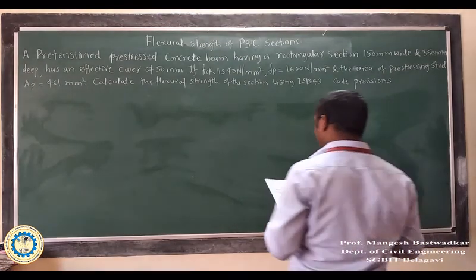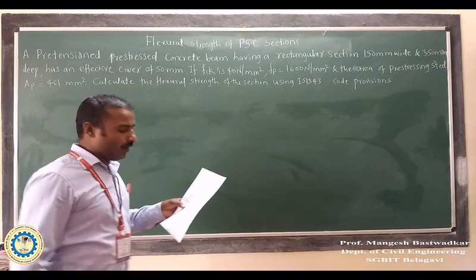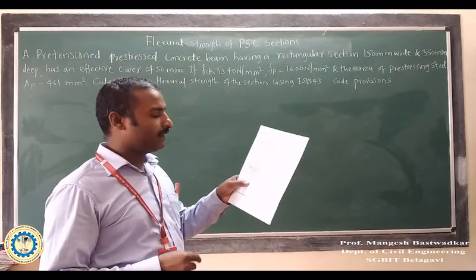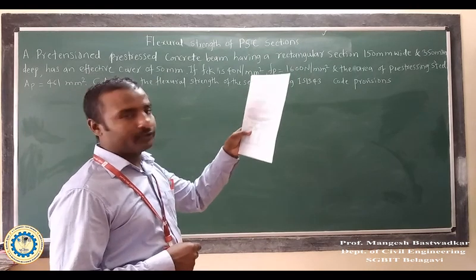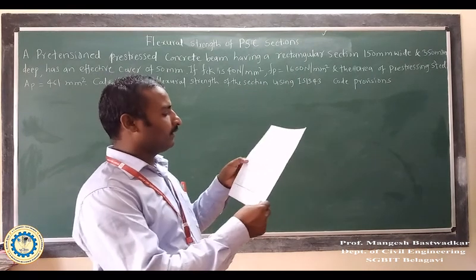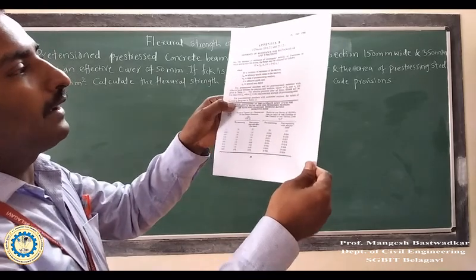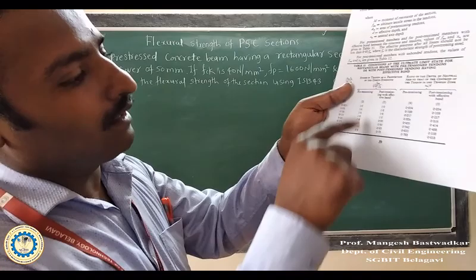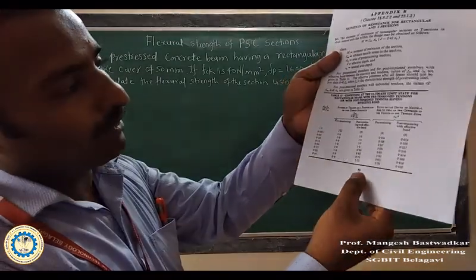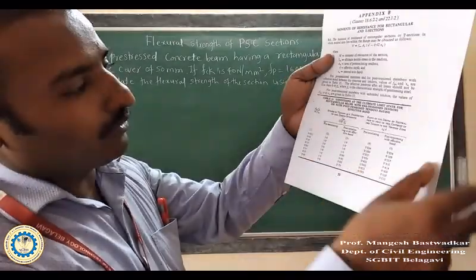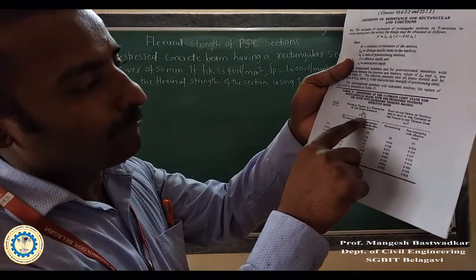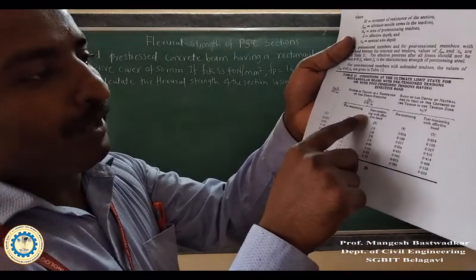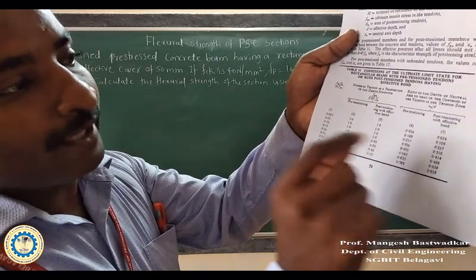Now we will see how to obtain the values of fpu by 0.87 fp and xu by d from table number 11 of IS 1343. Here you can see on page number 59 this table is given to obtain the value of fpu by 0.87 fp for pre-tensioning beams and post-tensioning beams with effective bond.